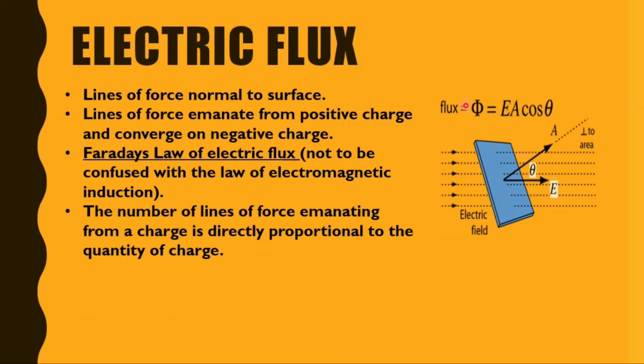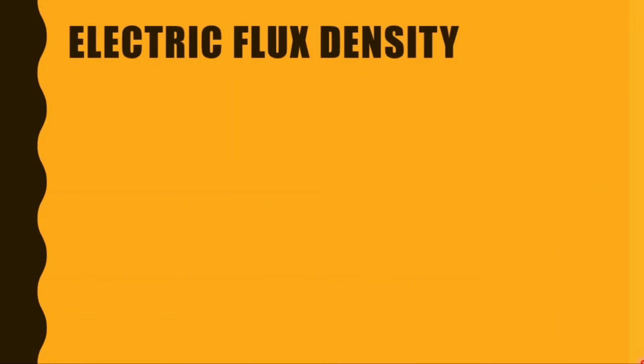So we can represent flux by the symbol phi is equal to EA cos theta. This is our E and this is our A. This is the dot product, EA cos theta, and it is perpendicular to the area. Now we will see the electric flux density. It has the symbol D, and it is also known as electric displacement.